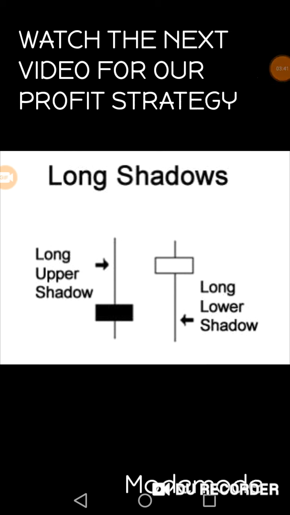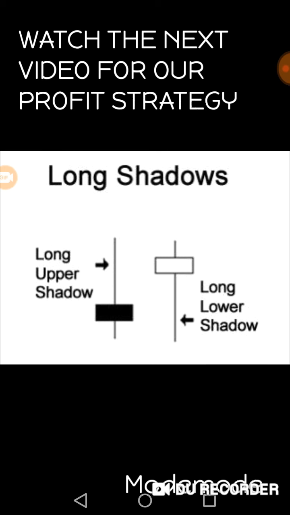As you can see, the other word for shadows is the one I was using in our previous image, the word wick. So the other word for wicks is shadow of a candle. Okay, so as you can see, the body is smaller. This type of candle is what I'm going to use in most of our strategies at entry points.